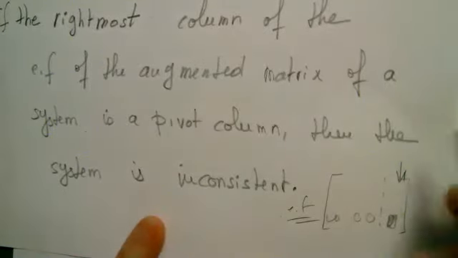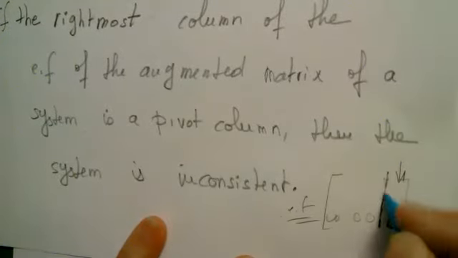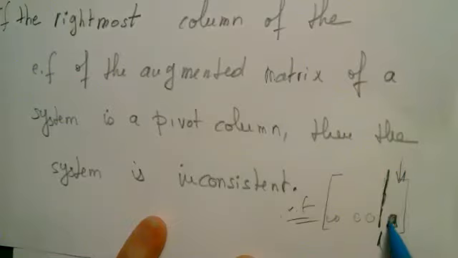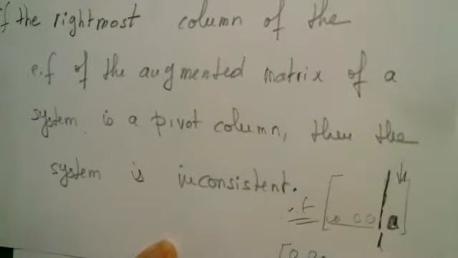Because if you have a leading entry in the last column, which is the augmented one, it means everything before it has to be 0. So this is really equivalent to saying we have a row of the form 0, 0, and non-zero.